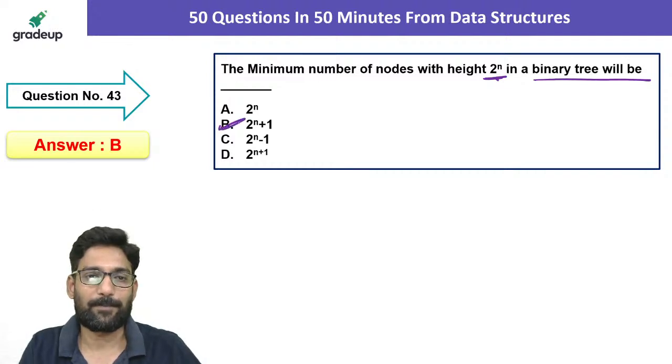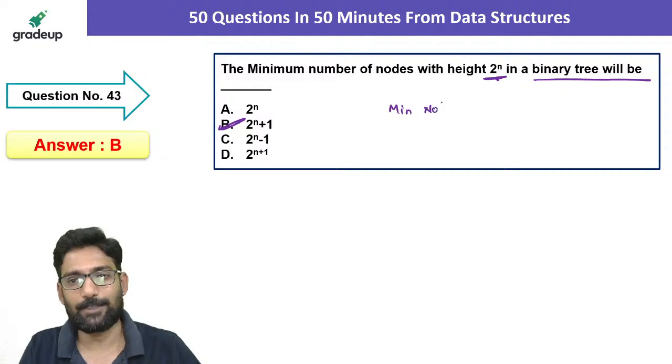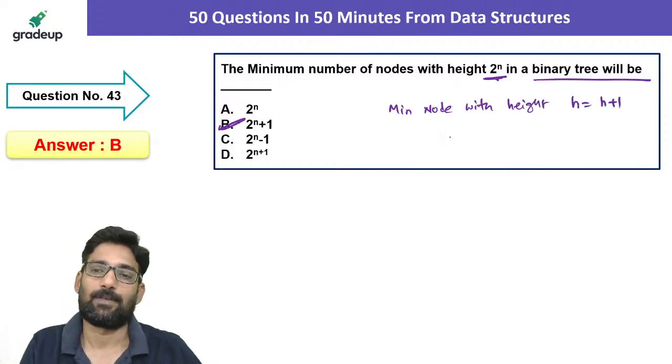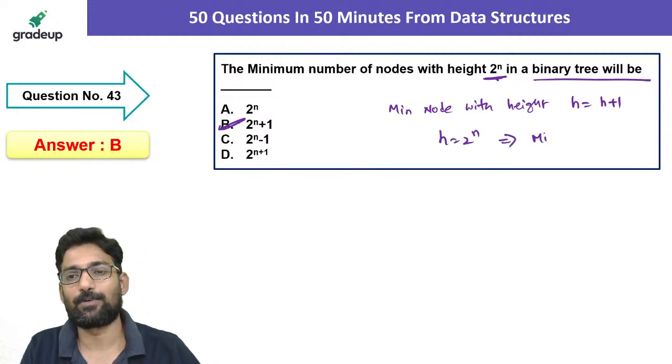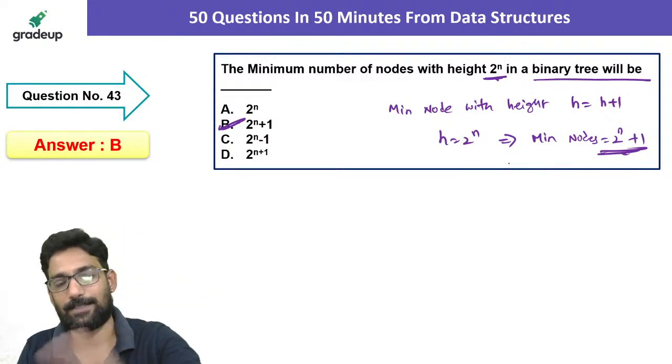Option B. We know the minimum number of nodes with height h is h plus 1. So when h is equal to 2 power n, the minimum nodes will be 2 power n plus 1. Just replace h with 2 power n. That's it. Next question.